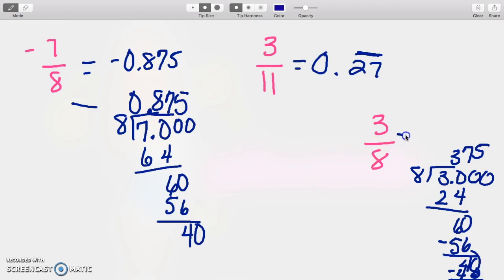So I'm going to bring my decimal up and a 0. So my answer would be 0.375.